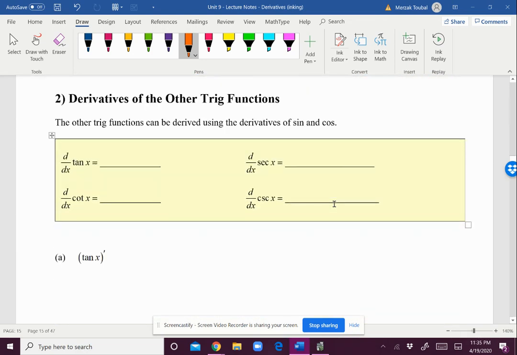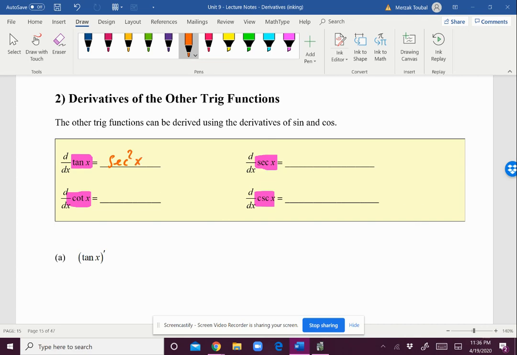Right, next thing would be the derivative of the other trig functions, which are the tangent function, secant function, cotangent, and cosecant. So what is derivative of tangent? Derivative of tangent is secant squared x.